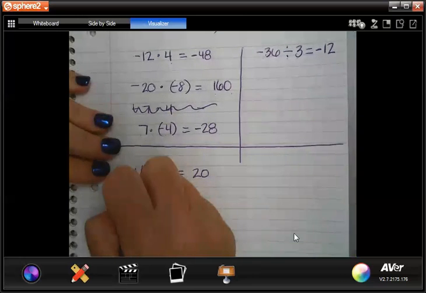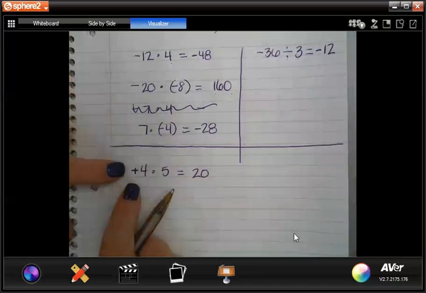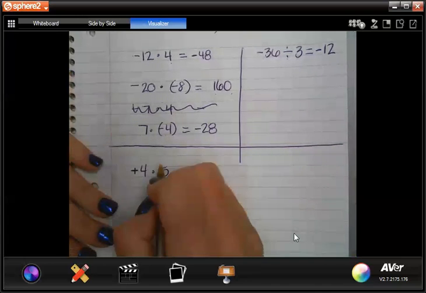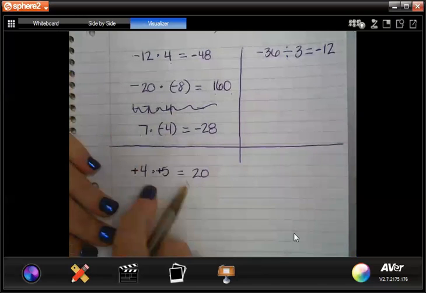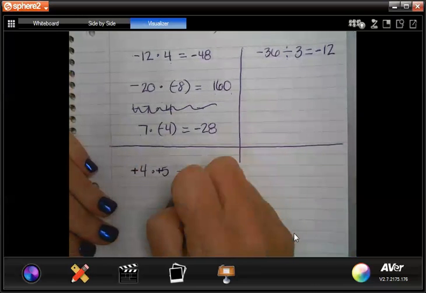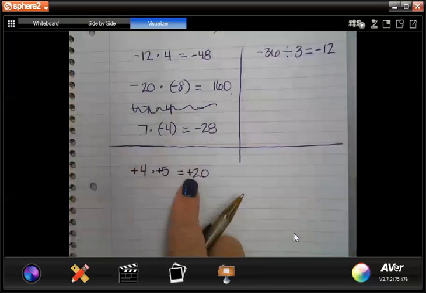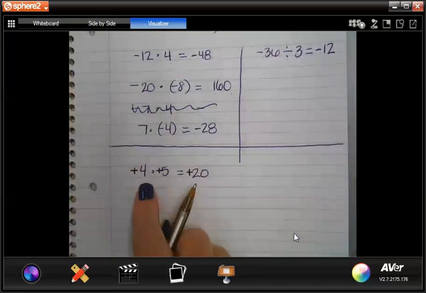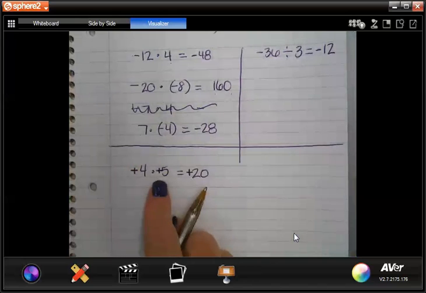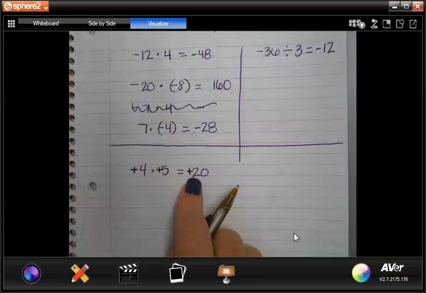When something good, positive, happens to somebody good, positive, it's a good thing, positive. When something really good happens to a really good person, it's a positive thing. Everybody's happy, yay.